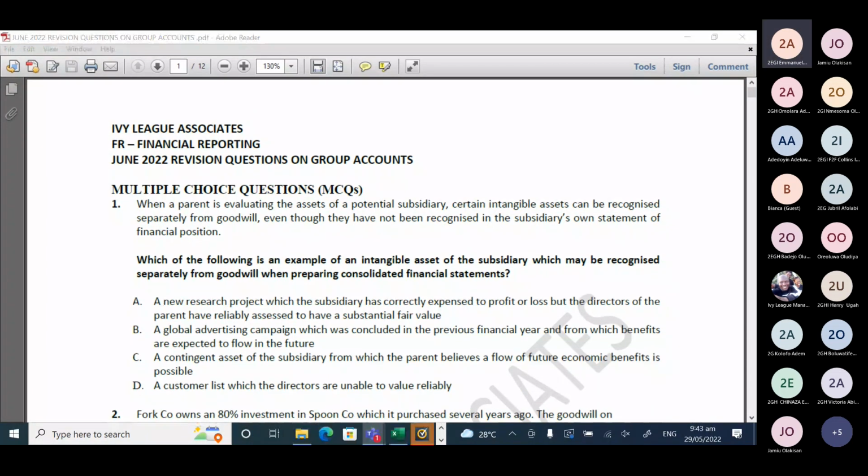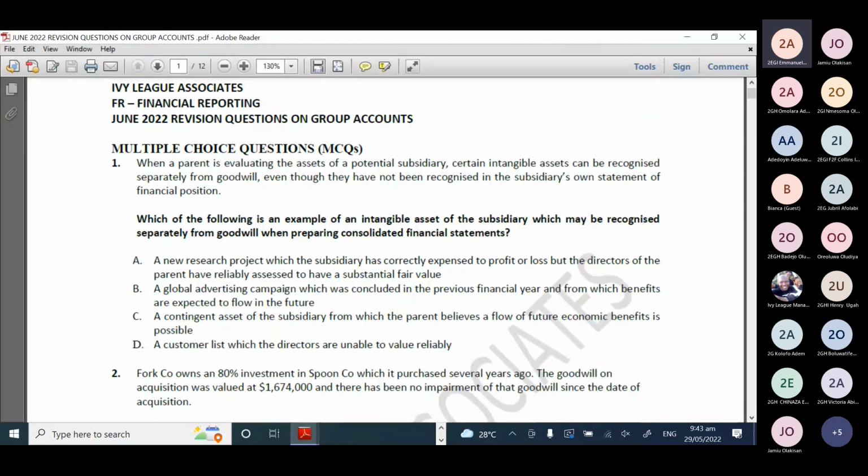A, a new research project, which the subsidiary has correctly expensed to profit or loss, but the directors of the parent have reliably assessed to have a substantial fair value. B, a global advertising campaign, which was concluded in the previous financial year, and from which benefits are expected to flow in the future. C, a contingent asset of the subsidiary, from which the parent believes a flow of future economic benefits is possible. D, a customer list, which the directors are unable to value reliably.